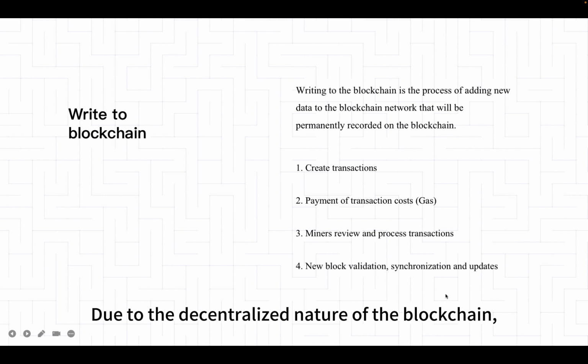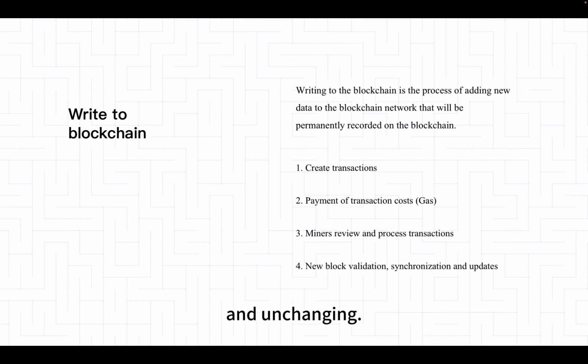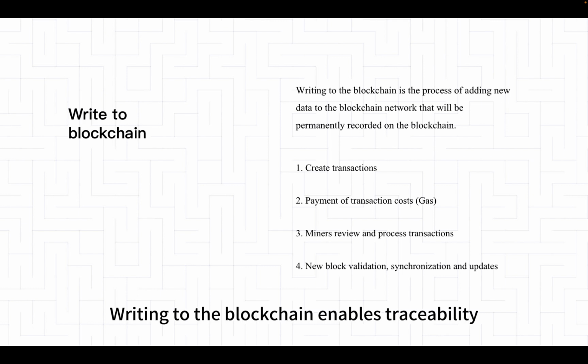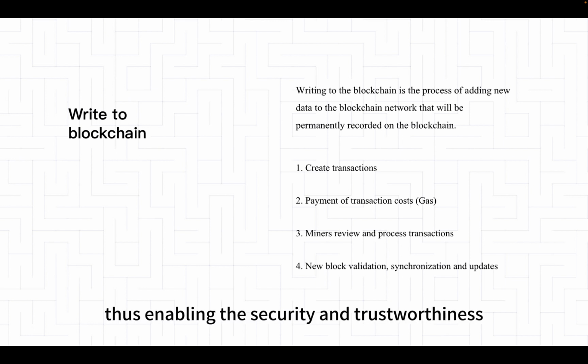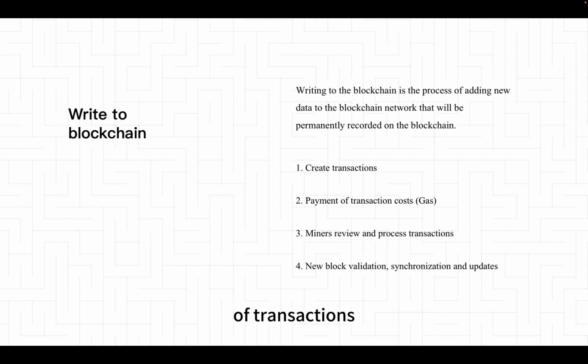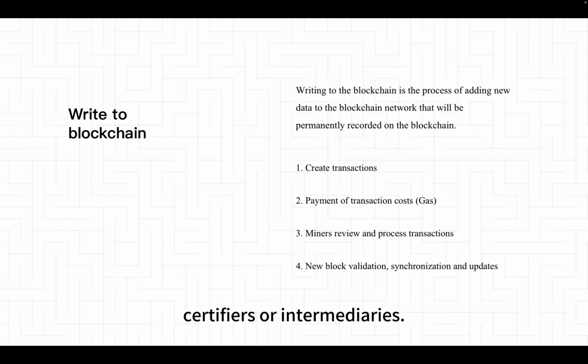Due to the decentralized nature of the blockchain, stored information on all nodes remains consistent and unchanging. Writing to the blockchain enables traceability and transparency of information, thus enabling the security and trustworthiness of transactions in the digital world without the need for third-party certifiers or intermediaries.